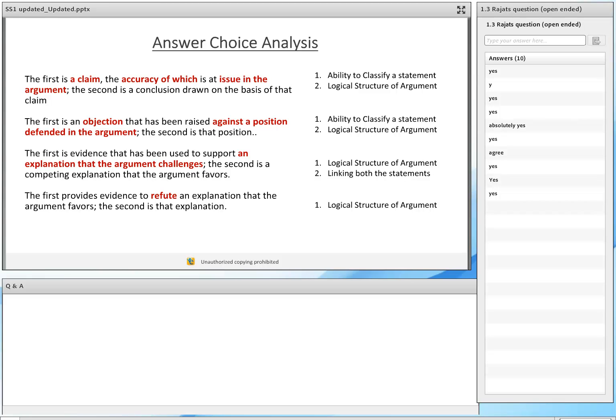What is the difference between skills and shortcuts? Oh, huge difference. A skill is a method or an understanding that allows you to answer anything that's thrown at you. If you know how to classify a statement as a fact or a claim, regardless of what's thrown at you, you'd be able to classify it. A shortcut is something that you apply without understanding why that is right or wrong.